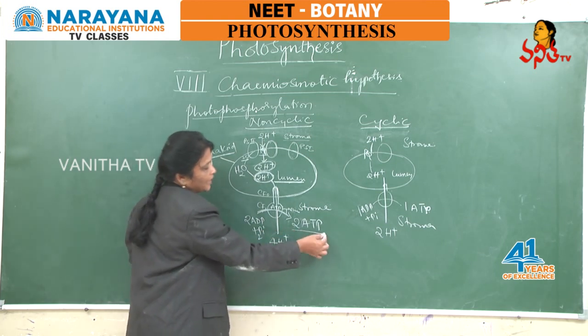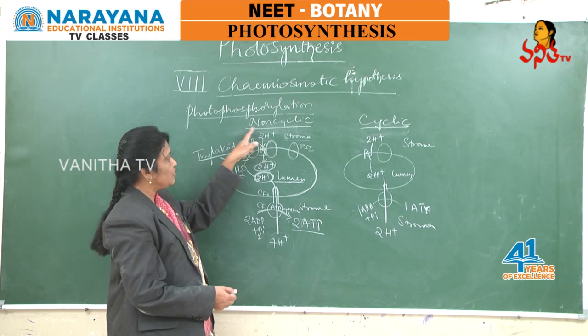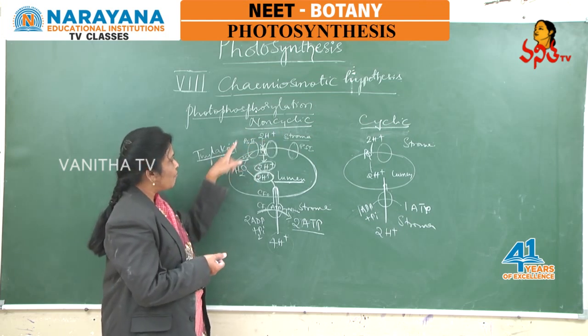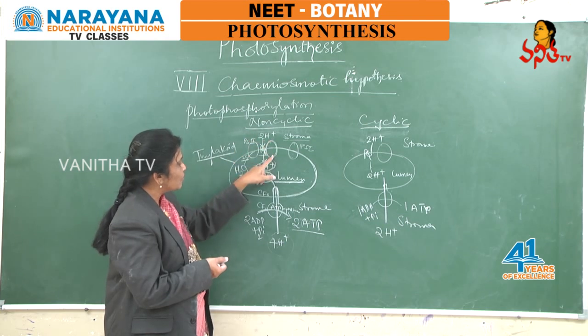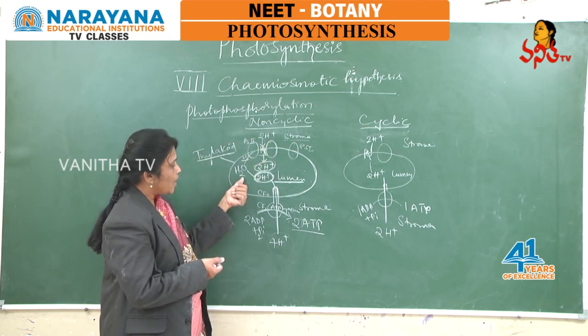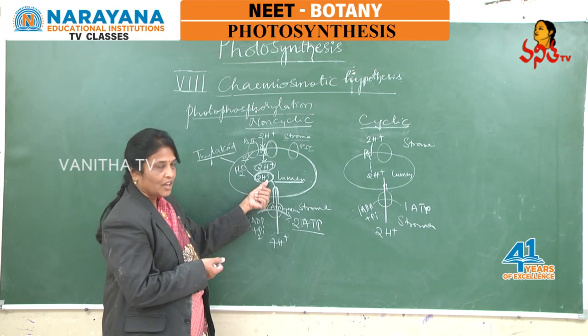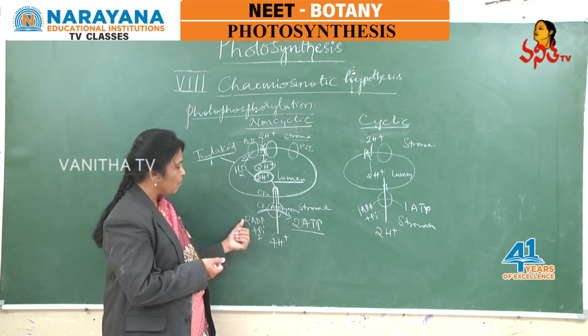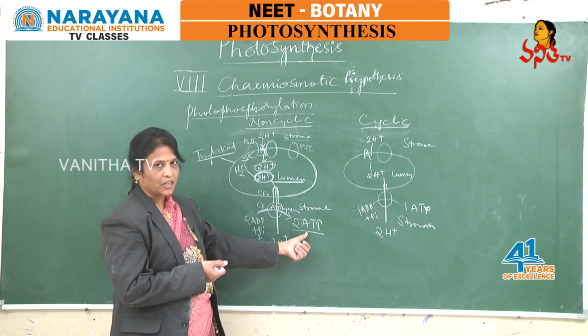ADP and inorganic phosphate molecules to form ATP. As we are following non-cyclic photophosphorylation, we represent a pair of electrons involved in non-cyclic electron transport, and 4 protons are translocated and channeled through the coupling factor and cause the synthesis of 2 ATP molecules.